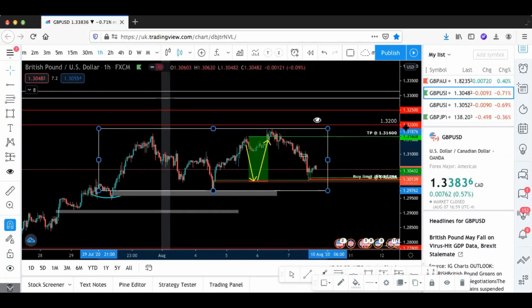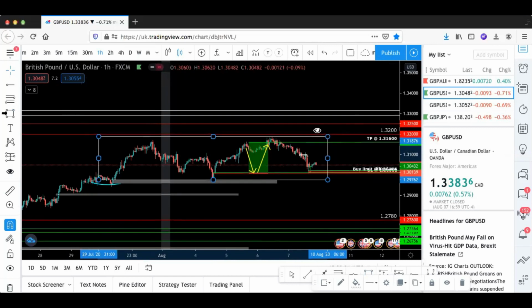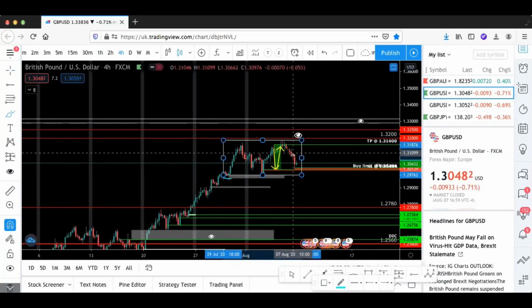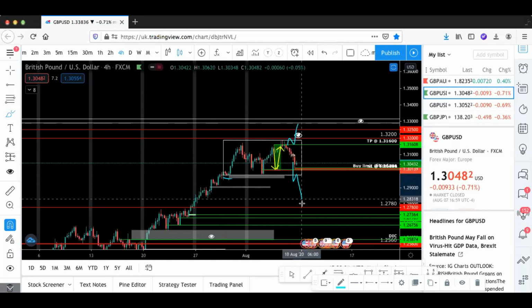If the dollar index moves higher, then we could expect GBPUSD to run lower towards our targets. If the price breaks this level, then we have a potential to move higher. If the price breaks this level, then we have potential to move lower.